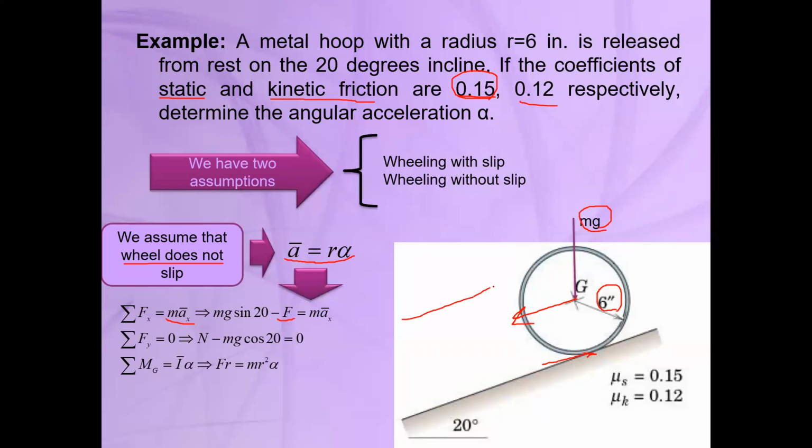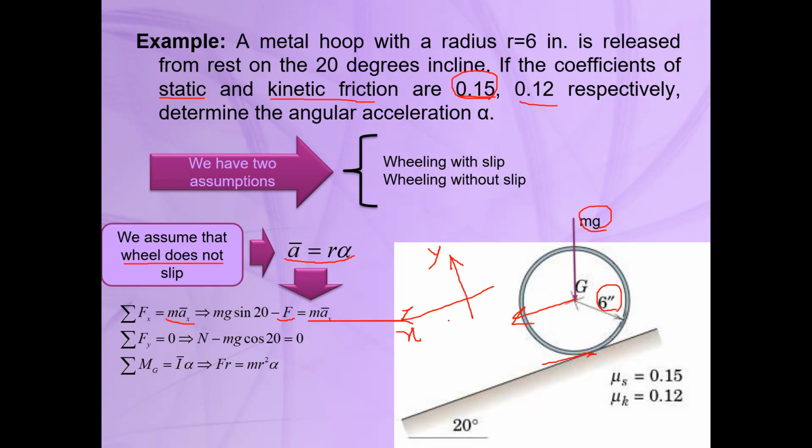We call this x and this y. The x is parallel to the inclined surface and y is perpendicular to the inclined surface.